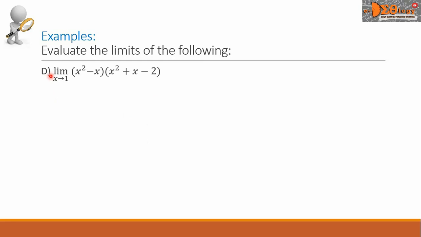Example D. The limit of the function x squared minus x times the function x squared plus x minus 2 as x approaches 1. This is an example of multiplication of two functions.